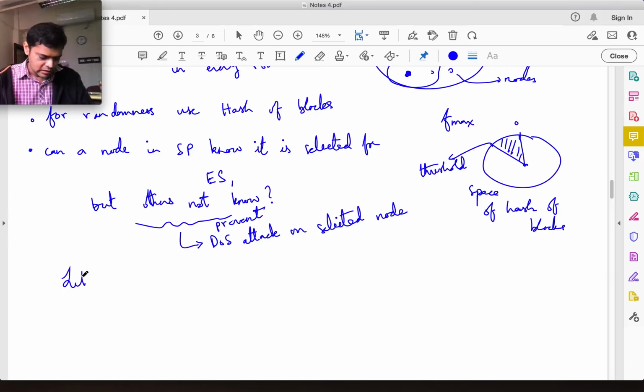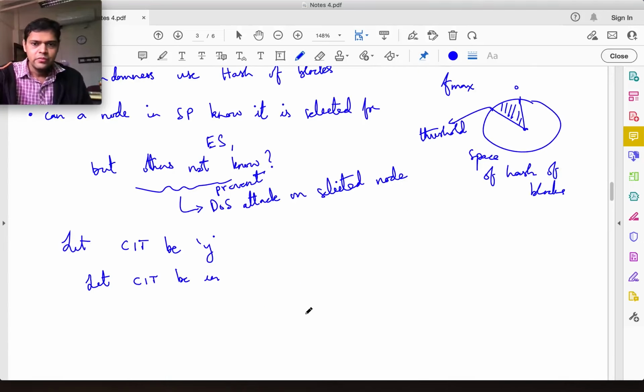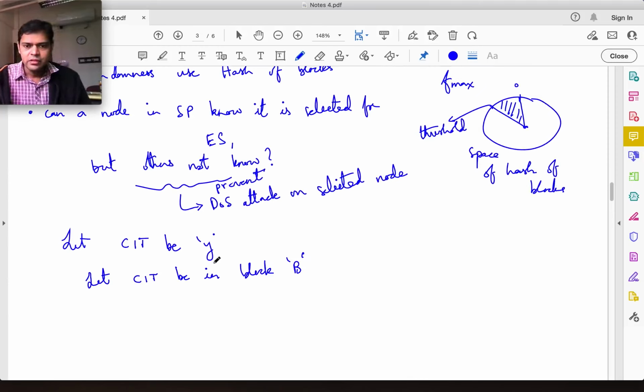So let the CIT be Y, and let the CIT be in some block B. Now what we want is the execution set to change for every CIT, and we want to include some randomness.